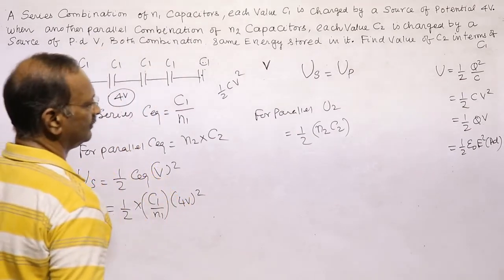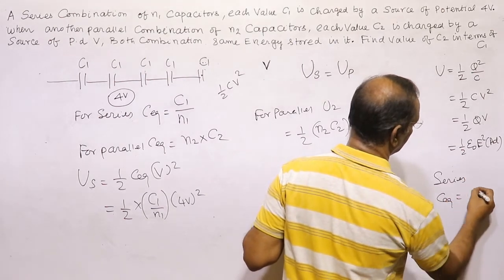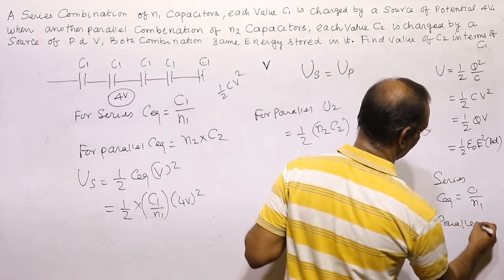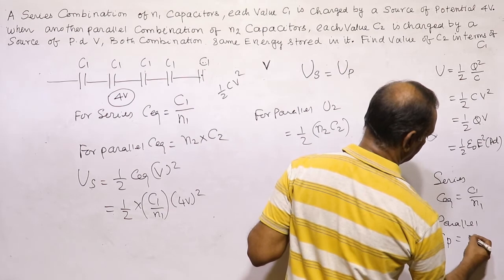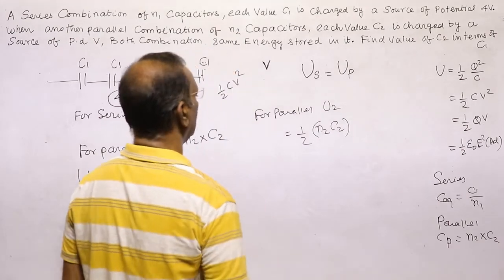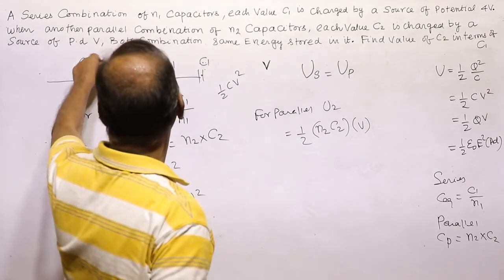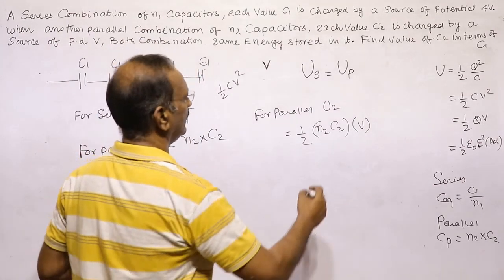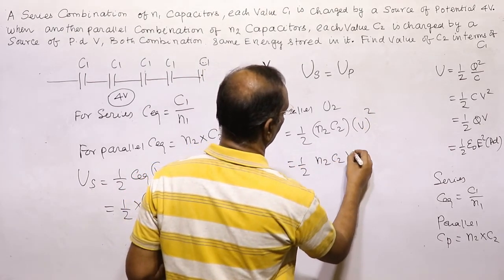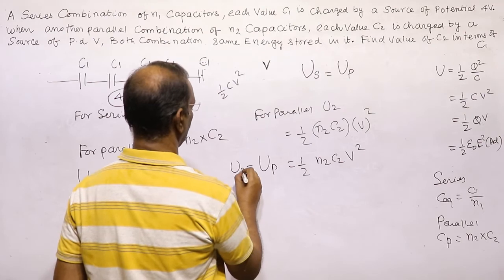Remember, for series C equivalent is any one capacitor divided by the number of capacitors, and for parallel it is the number of capacitors into any one. The voltage is V, so U2 is half into N2 C2 V square.